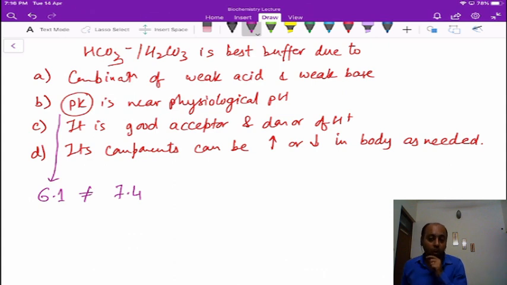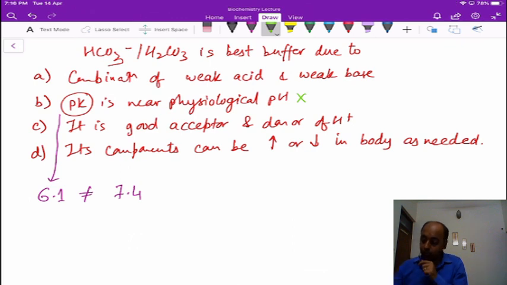It is not, I'll repeat, it is not close to physiological pH. We had said, in spite of pK being far from physiological pH, it is able to act as a good buffer. The answer was the ratios allow the bicarbonate buffer system to act as a good buffer. So obviously this option is out.